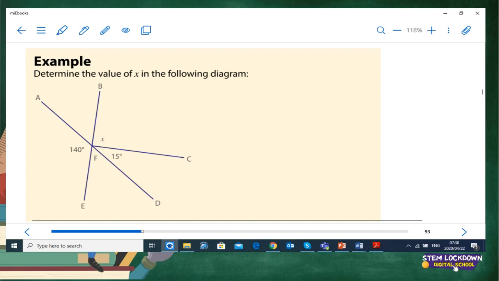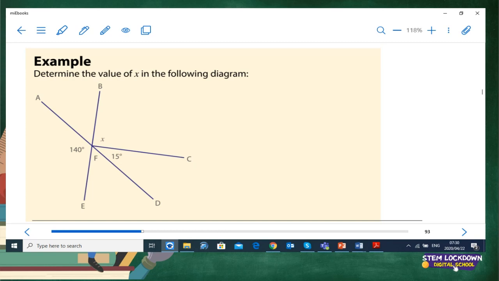Now, if you look at X, if you add X and 15, that whole angle there, its value will be 140 degrees because those are vertically opposite angles. In other words, angle AFE is equal to angle BFD.